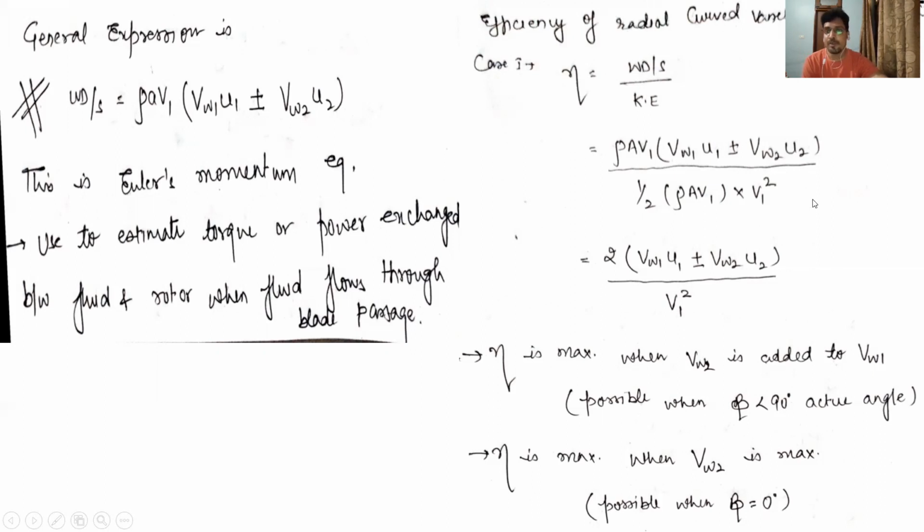The kinetic energy, because this work is done with the help of it, is half m v square, and m is rho a v1. So efficiency will be equal to 2 [vw1 u1 plus minus vw2 u2] divided by v1 square. So the first case is that efficiency is maximum when vw2 is added to vw1.